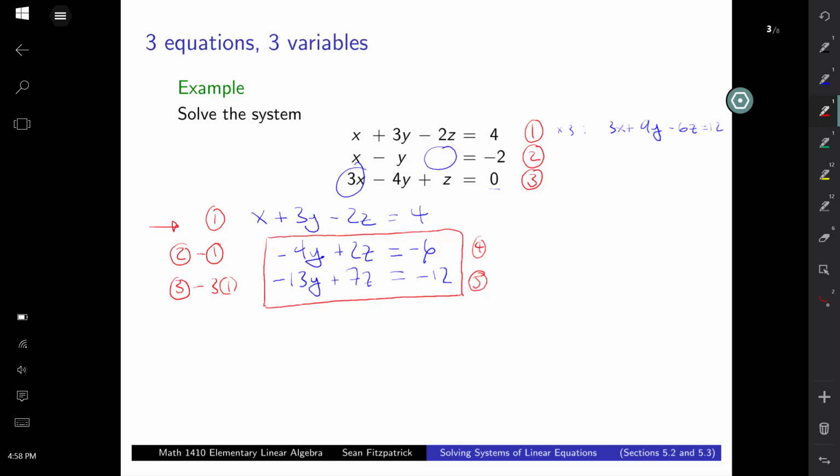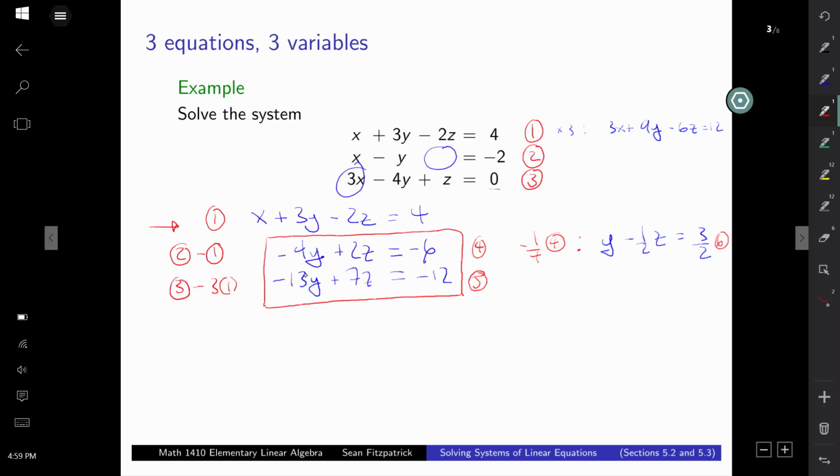So maybe the first thing I'll do here is I'm going to do minus 1 over 4 times equation 4, and that's going to give me y minus 1/2 z is equal to 3 over 2 if I multiply everything by minus 1 over 4, right? And let's label that one 6.